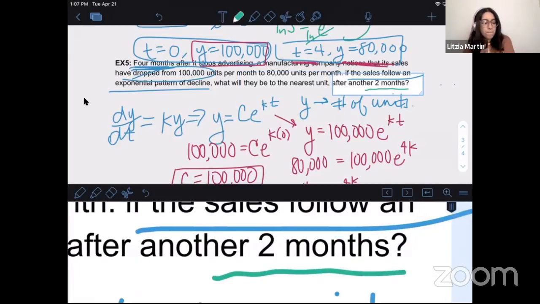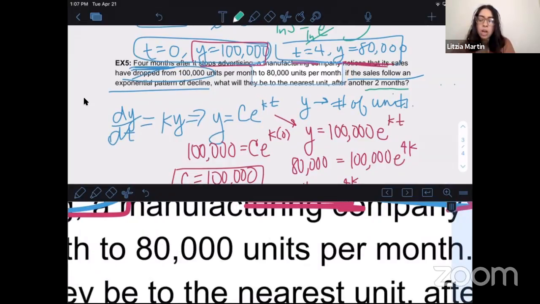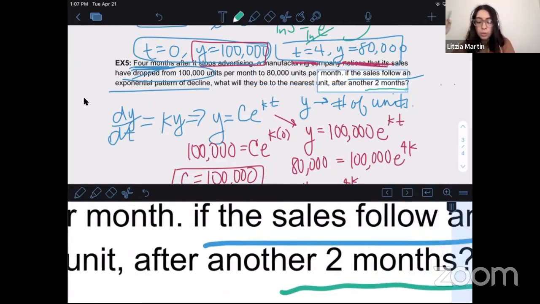Now, here's something that we need to be careful of. Remember, we start with 0, and then we went 4 months later, right? After 4 months, we're at 80,000. Now this says after another 2 months, we want to know what's going to be our nearest unit.